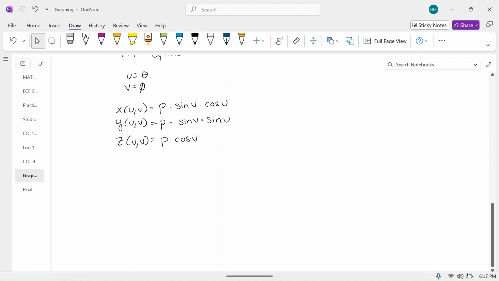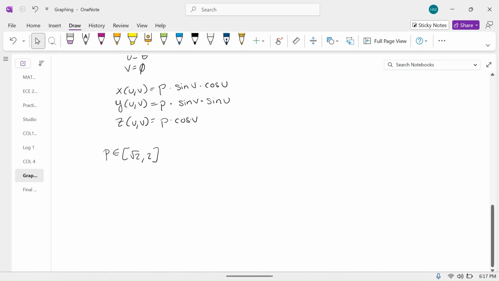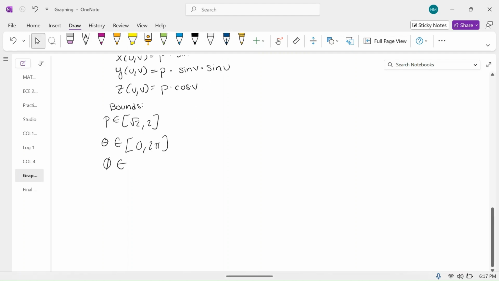And now we need to find our bounds. So rho is from square root of 2 to 2, and then theta will be from 0 to 2 pi. Okay, these are the bounds. And phi, we need to find phi.